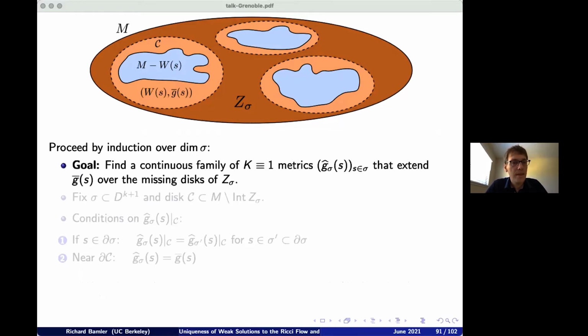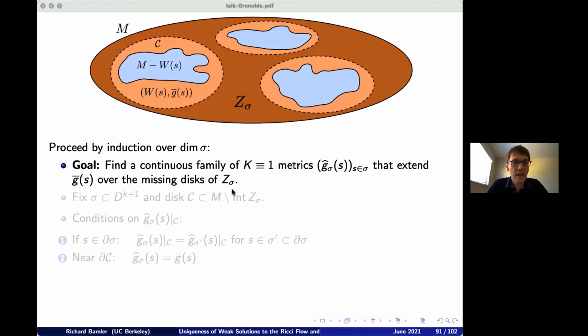So the goal will now be to find, over every simplex, a continuous family of constant curvature metrics, let me call it G hat sigma, where S is contained in sigma, that extend G bar S over the missing disks of the complement of Z sigma.